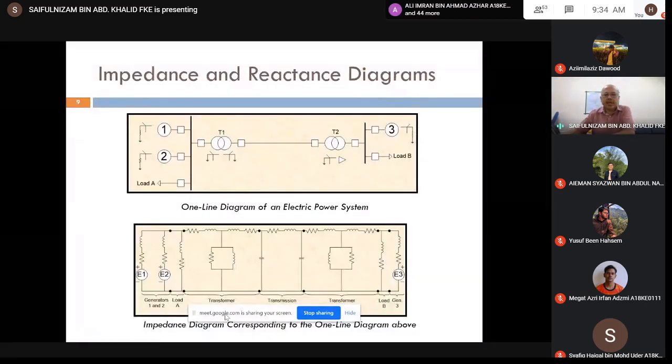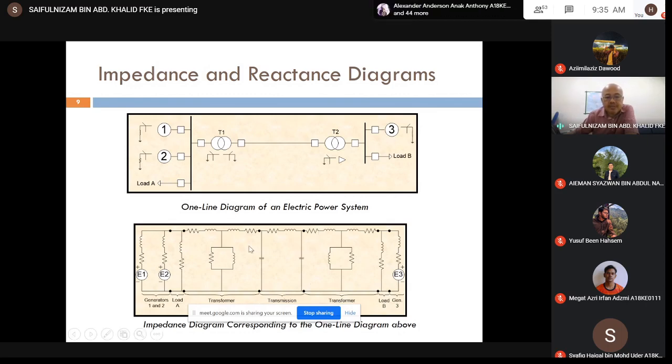Okay, this impedance diagram is also called the positive sequence impedance. Why positive sequence impedance? Because it reflects the balanced system. We have positive sequence impedance, negative sequence impedance, and zero sequence impedance. We will study these sequence impedances in the fourth study later on.